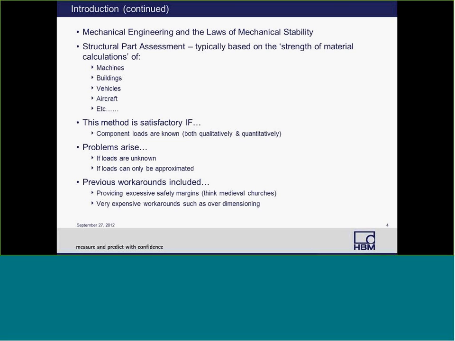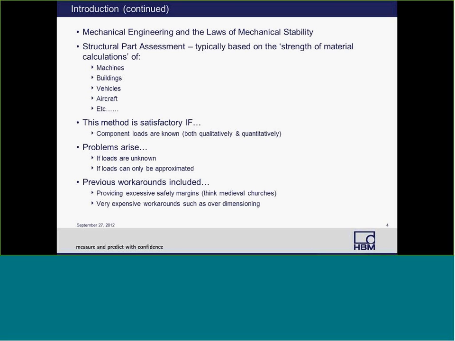Now, mechanical engineering and the laws of mechanical stability required that we needed some way to test structural part assessment. So basically, this is the strength of material calculations of machines, buildings, vehicles, aircraft, etc. This method is satisfactory if we can know component loads, both qualitatively and quantitatively.